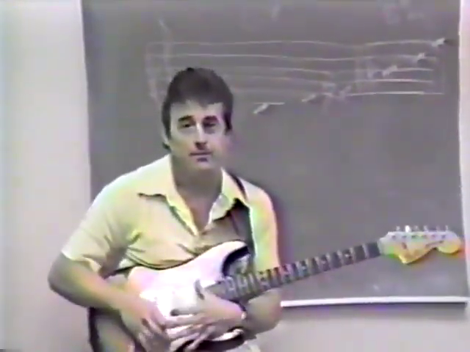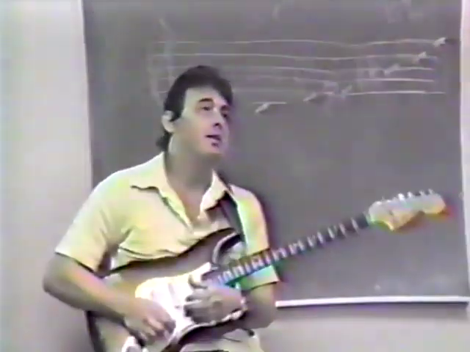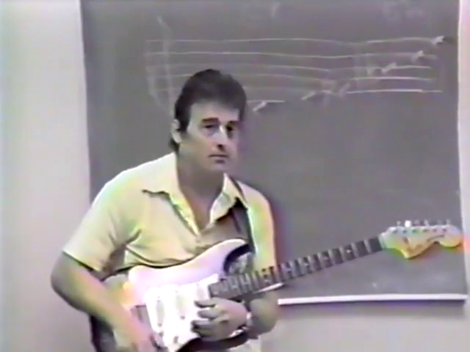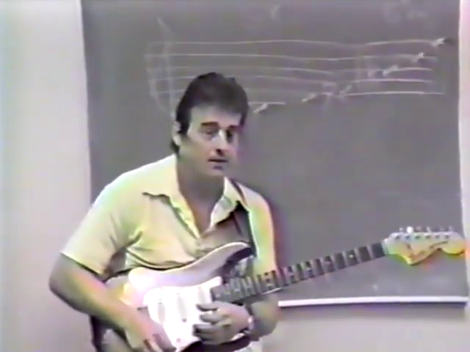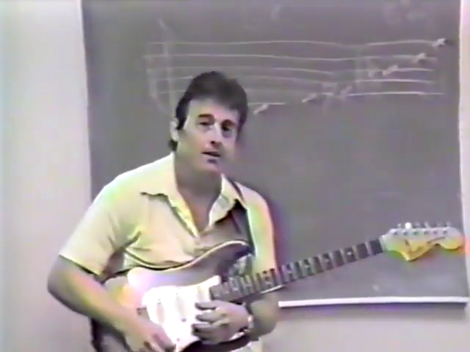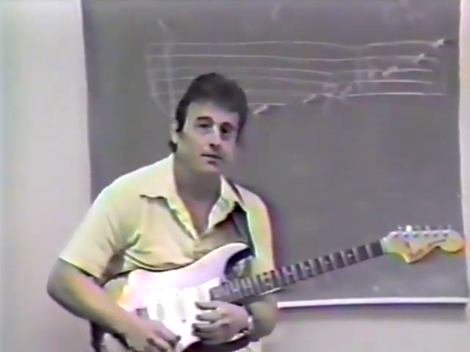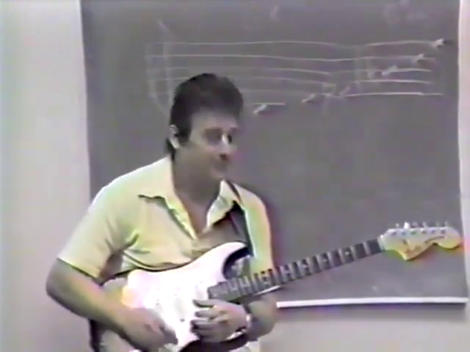Who are some of the people that you copied? I've copied... let me think. Albert Lee. Maybe who haven't you copied? You gotta give me some originality. Can you demonstrate a lick like that backwards? One down? I don't know.